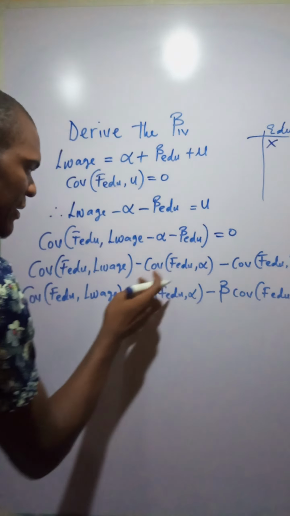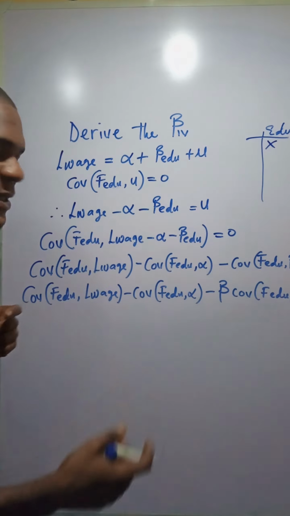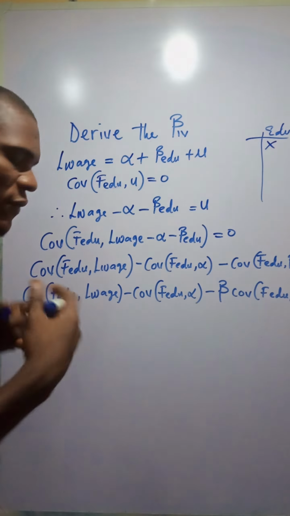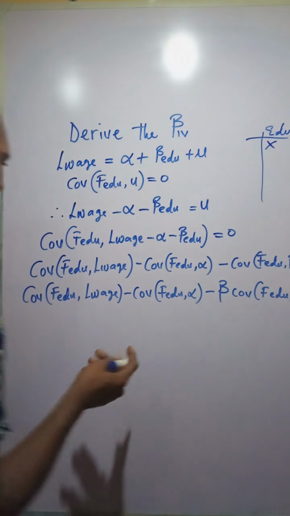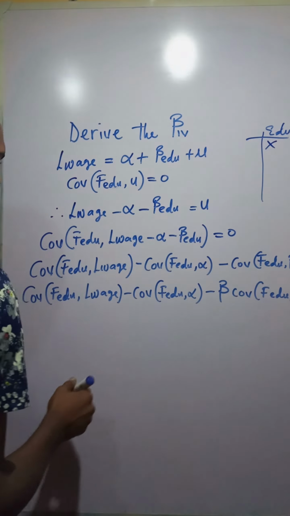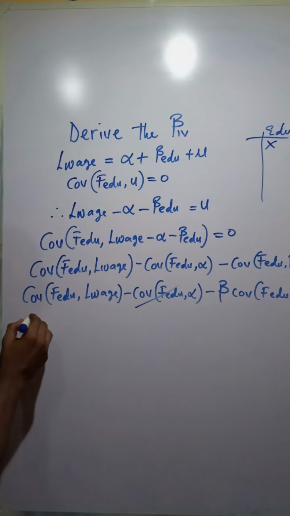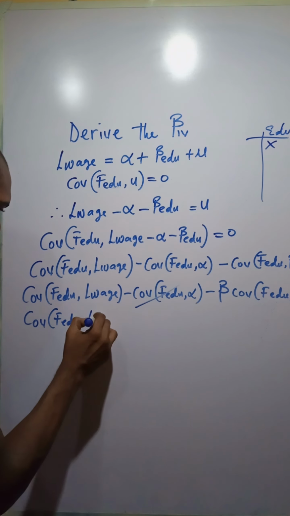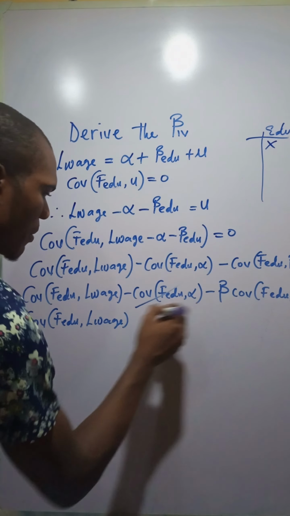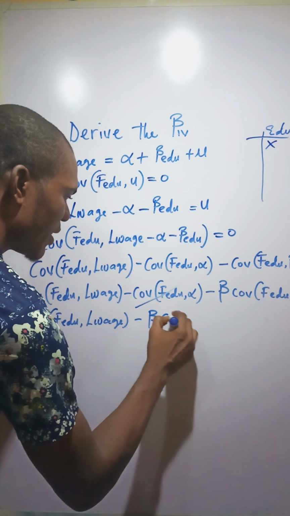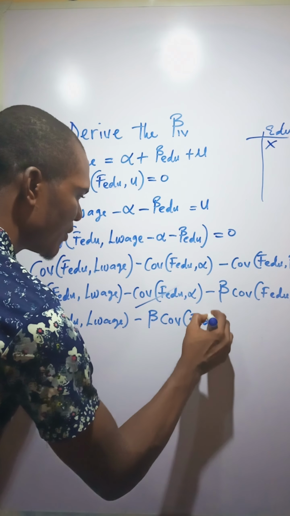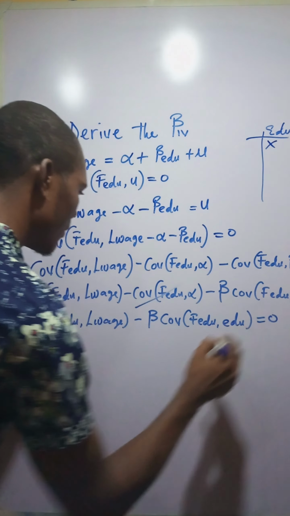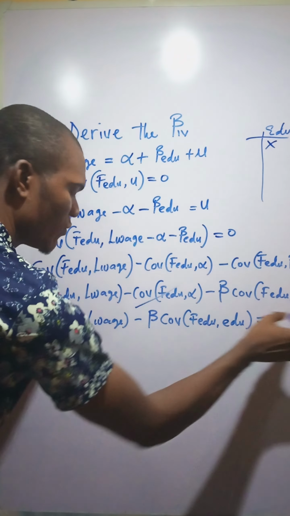Now remember that for father education and alpha, the covariance is automatically 0. Why? Because alpha is a constant term, and the covariance of a constant term equals 0. So this is out automatically, you can just cross it out. So you are left with covariance father education labor wage, minus beta covariance father education, equal to 0.